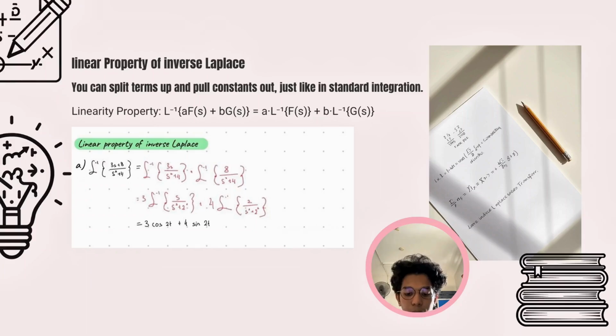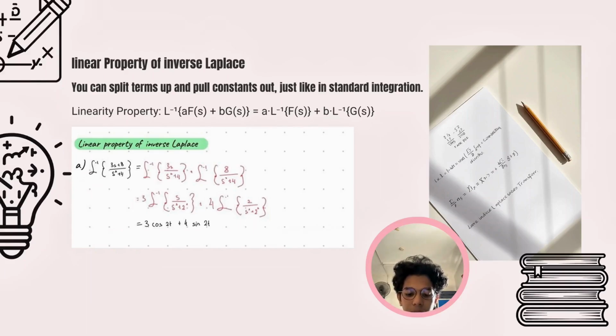And for the first term, we pull the constant 3 out to the front. This leaves us with s over s² plus 2², which perfectly matches the standard cosine form. For the second term, the standard sine form requires the constant in the numerator to be exactly 2.